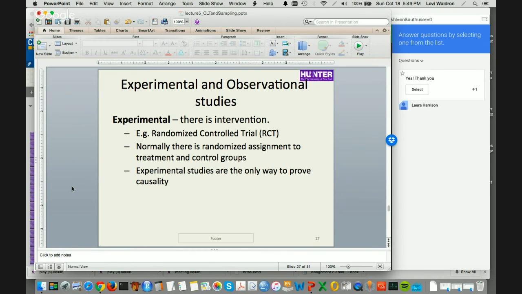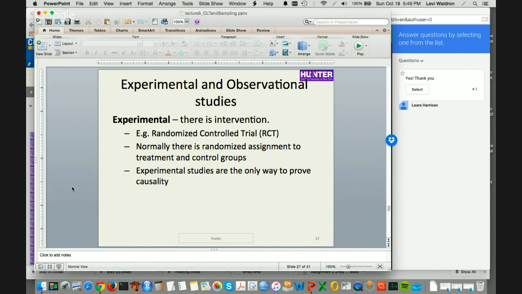And the main type of intervention that we talk about in public health is the randomized controlled trial, the RCT. And in an RCT, we ordinarily randomly assign people, using one of the sampling approaches that we saw, to a treatment or a control group.